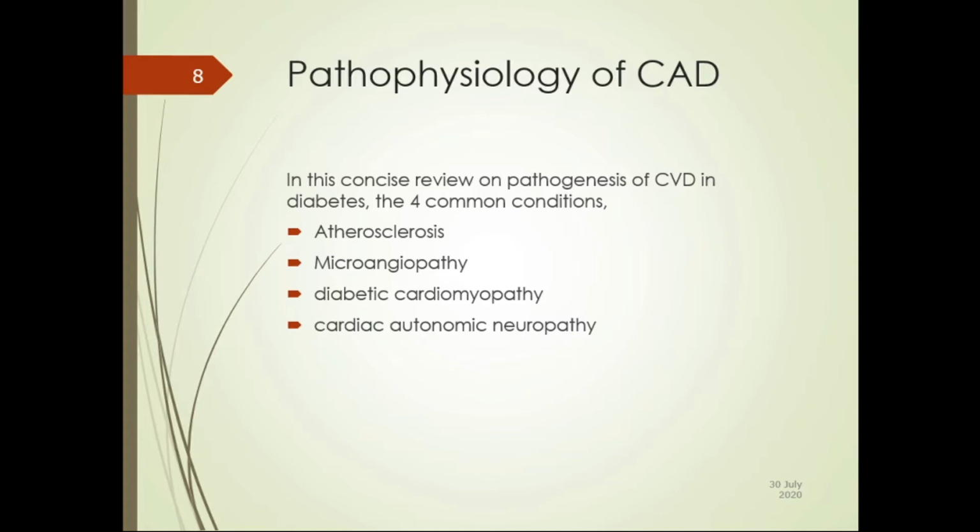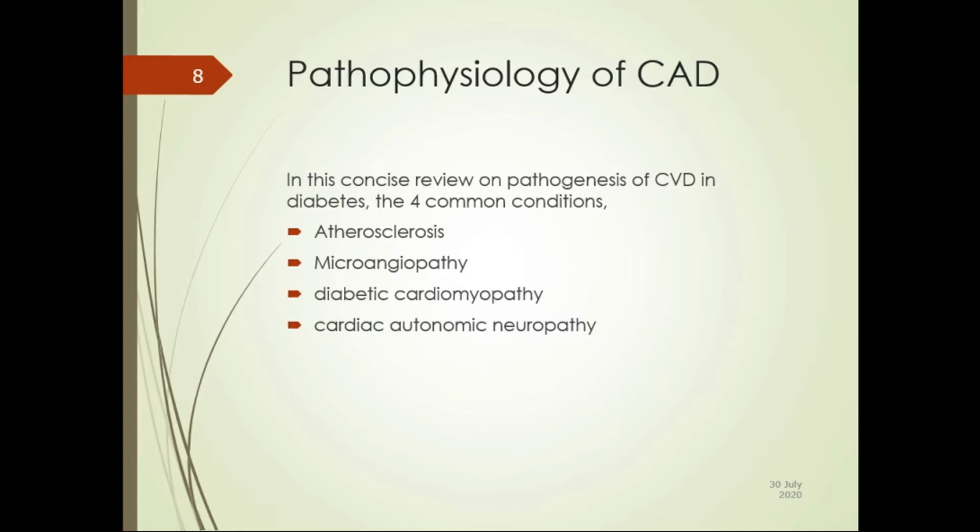The other thing is microangiopathy. Angiopathy is a condition in which the capillary walls become so thick and weak that they bleed, they leak proteins, and slow the flow of blood. Then we have diabetic cardiomyopathy. Cardiomyopathy decreases the function of diabetic cardiomyocytes, or the cells of the myocardium.